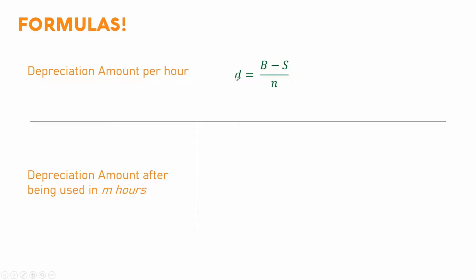Depreciation amount per hour, small letter d, equals the first cost, B, minus salvage value, S, over N hours, or hours of service. Ang gamay nga N, hours of service. The d is the depreciation amount per hour. So, the d sa mga ubang method, diba, is percentage siya. This one is depreciation amount per hour.